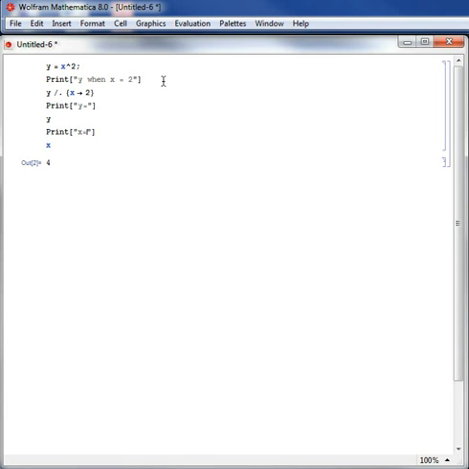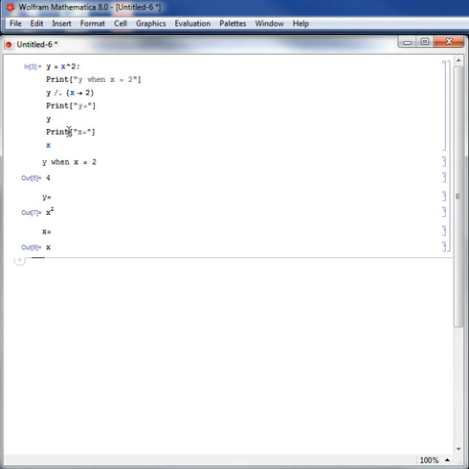So first I say y is equal to x squared, and then when x is equal to 2, find y, without really changing the value of x and without really changing the value of y, and then find y, and then find x. When I press shift enter, y when x is equal to 2 is equal to 4. Y itself is x squared and x is x because I haven't really given any value to x.